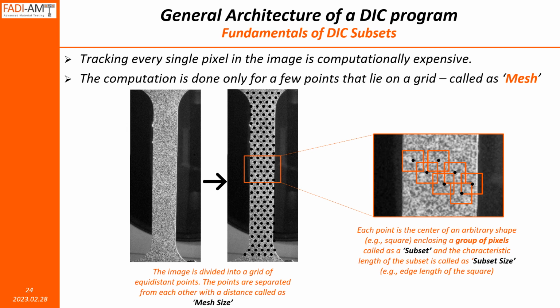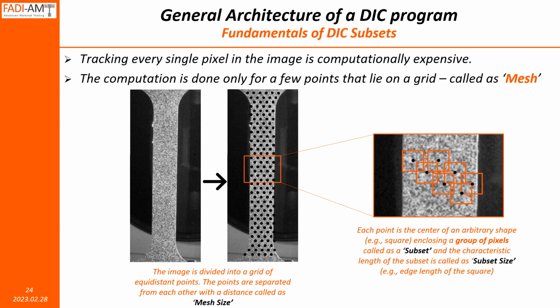Now around these mesh points, we create a group of pixels called subsets, and these subsets can have arbitrary shapes. They could be squares, circles, triangles, hexagons, whatever, any geometrical figure that can have a centroid can take the shape of a subset.